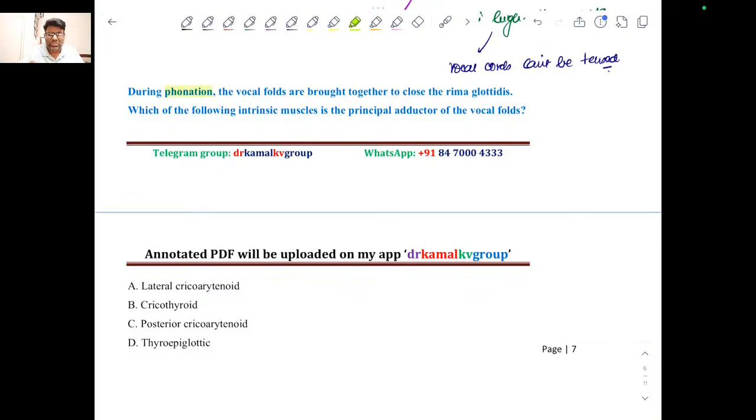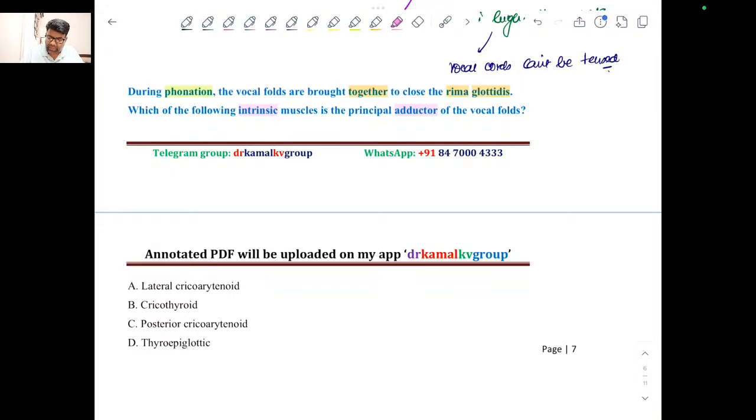Now this is a NEET PG question. During phonation, the vocal folds are brought together to close the rima glottidis. Which intrinsic muscle is the principal adductor of the vocal folds?